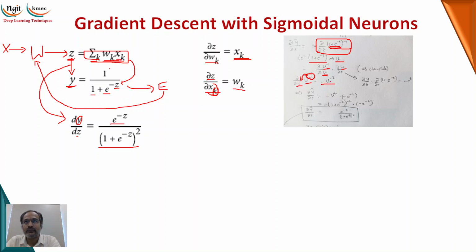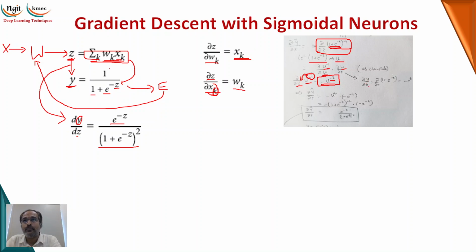Already there is minus 1, so it becomes minus 2. So dou u inverse by dou u is minus u power minus 2.